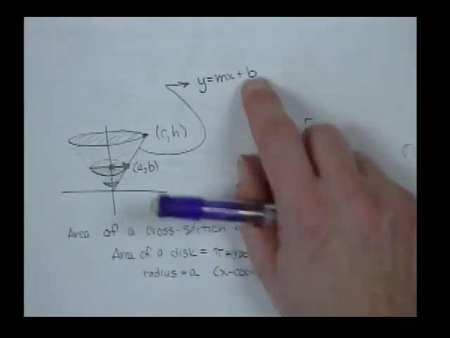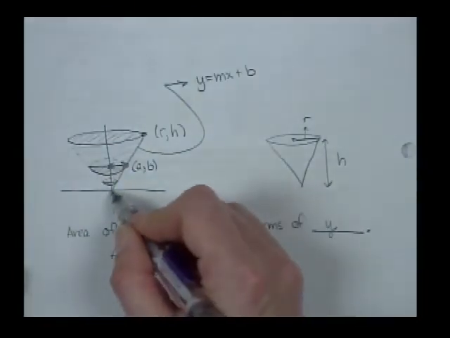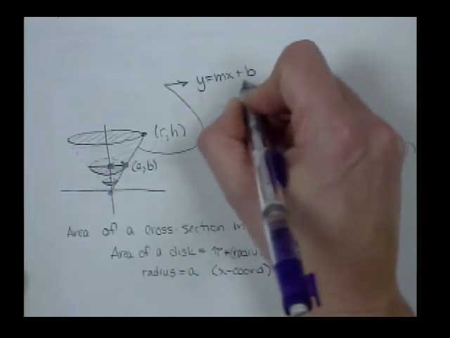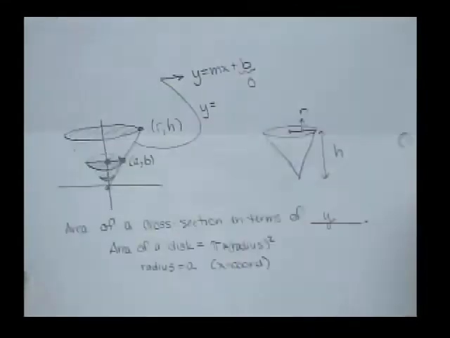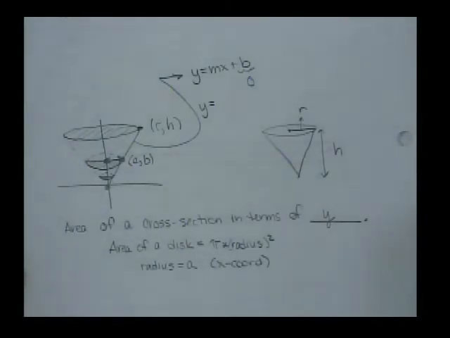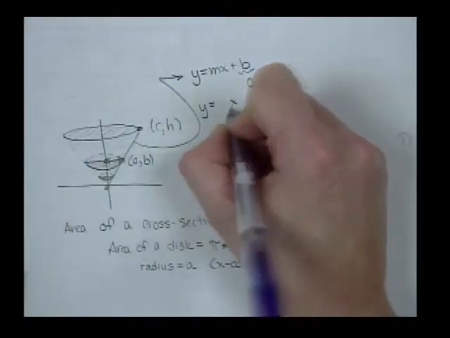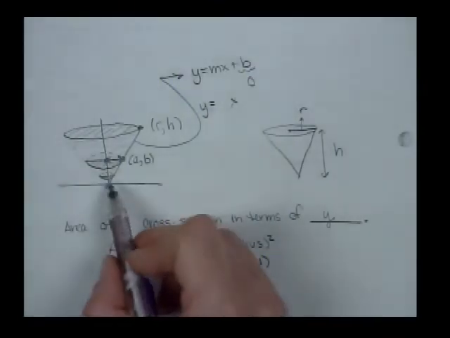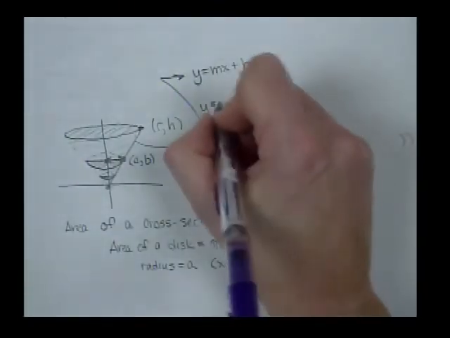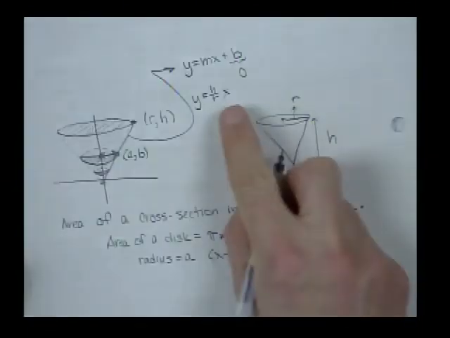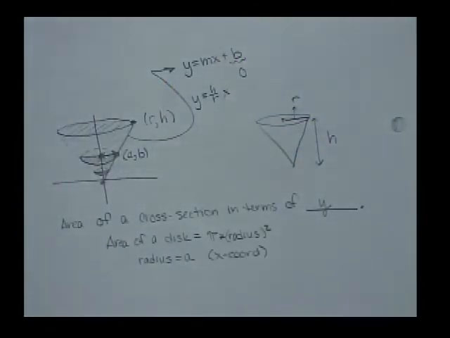0, right? B stands for the y-intercept, and I've drawn the line so it crosses at the y-axis. So this is 0. And what's the slope? h over r, because we go up h and over r, right? So now we can use this equation to solve for x.